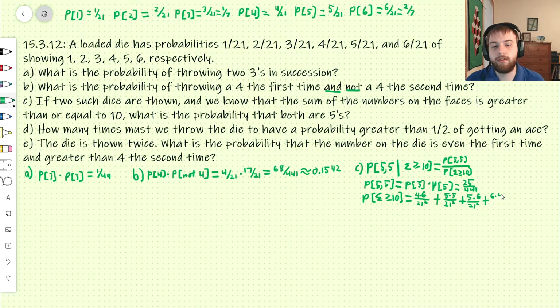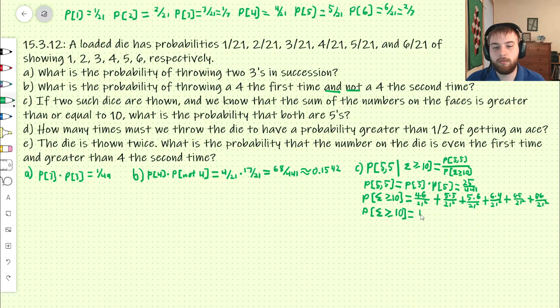A 6 and a 4 will work for that. A 6 and a 5 will work for that. And a 6 and a 6 will also work for that. Okay, so when we add all those up, I'll spare you the arithmetic.